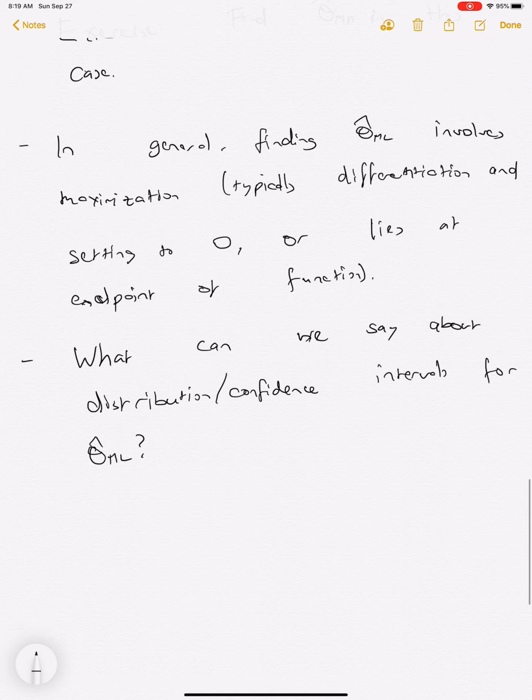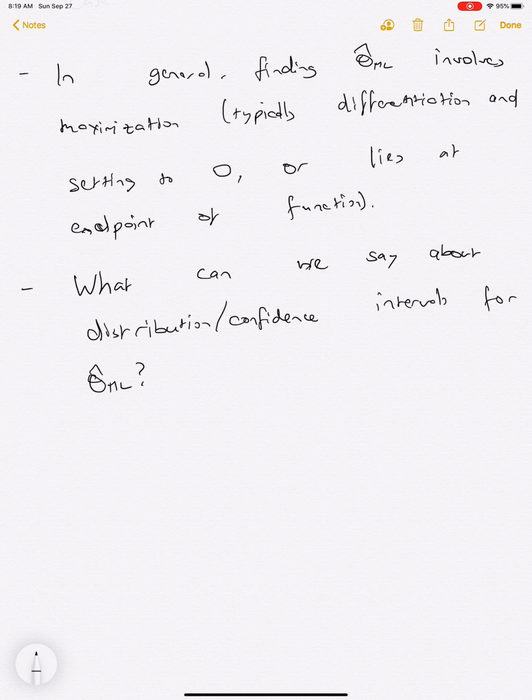When you give someone an estimate, typically they say, okay, that's great, but how confident are you that that estimate is a good estimate?